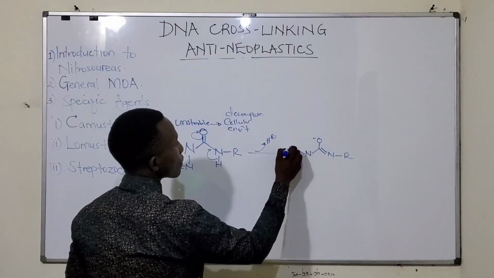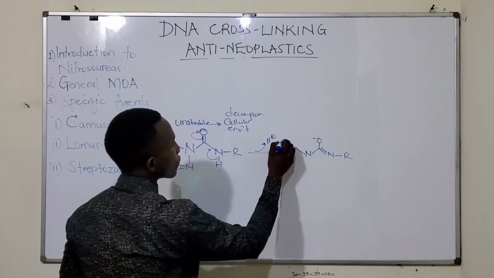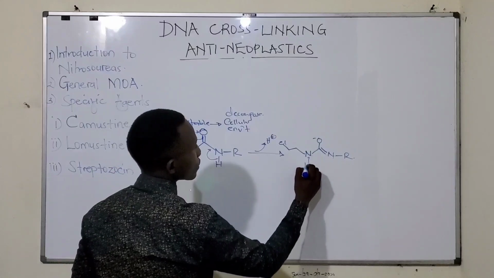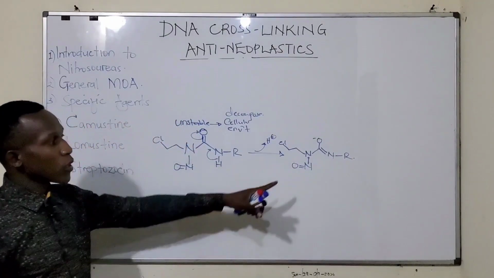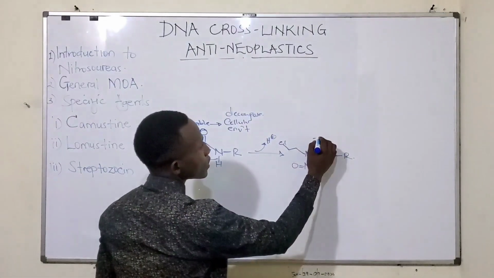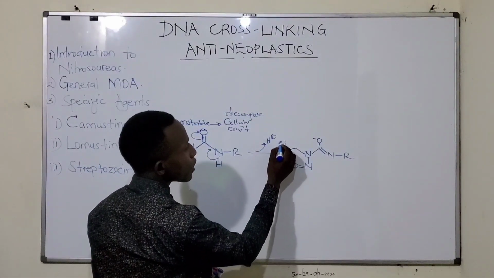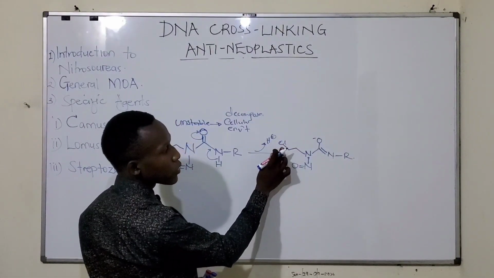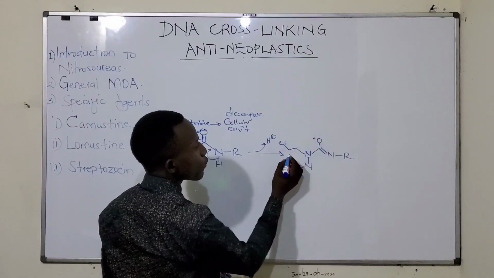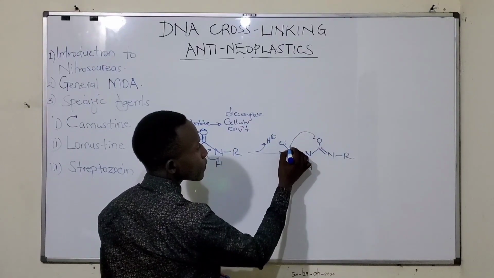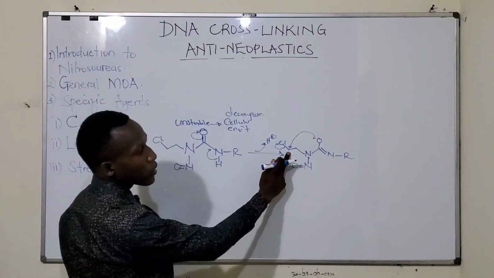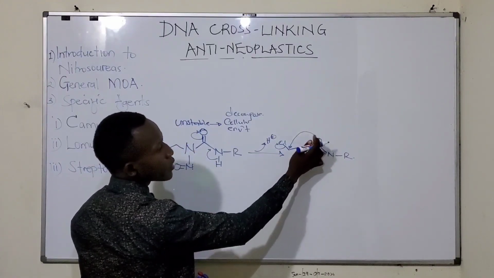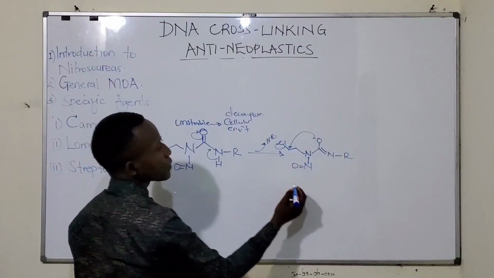Then you have the ethyl chloride with a NO. This is what we have. Since this oxygen is unstable and this chlorine atom is electron withdrawing, this one will attack this carbocation. When this chlorine pulls the electrons, it forms this carbon to be a carbocation, then this one attacks the carbon.